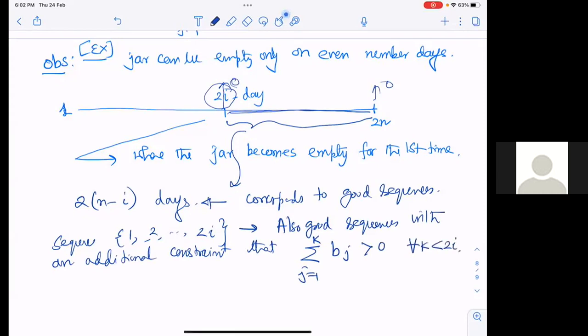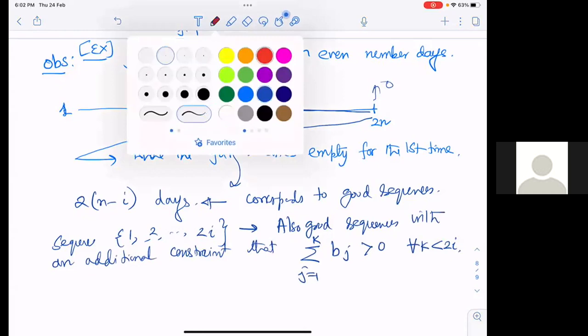No prefix can become 0. It's clear. So let me give these sequences also a name.